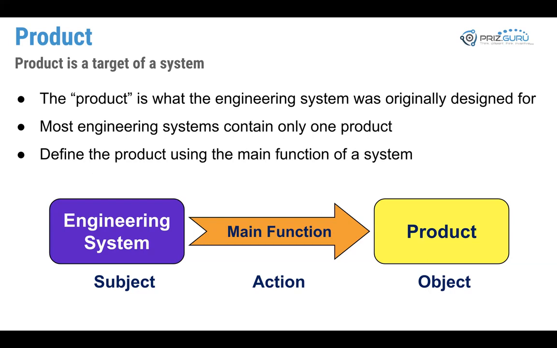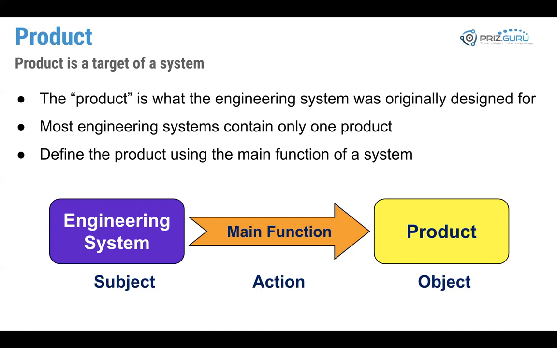Clean surface is a function. This is the main function. Clean surfaces, object surfaces. This is a product. Parts, the surface, clothes, or if we look at the washing machine as something that removes dirt, right? Then the product becomes the dirt.